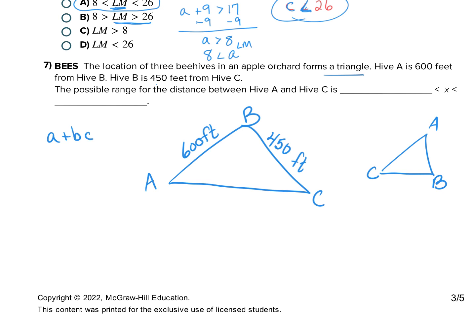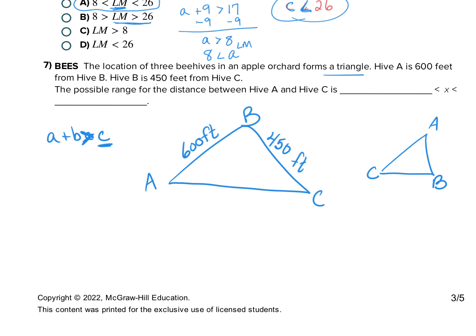Oh, sorry, I wrote that wrong. We need to first assume that our missing side AC is our shortest side, and then we have to assume that it could also be our longest side. And remember, our longest side must always, in our triangle, represent the C in our inequality.